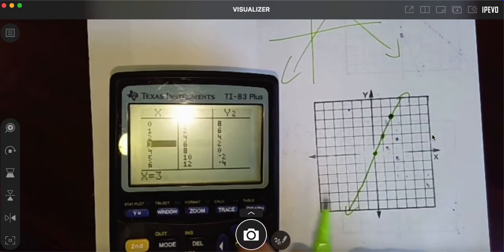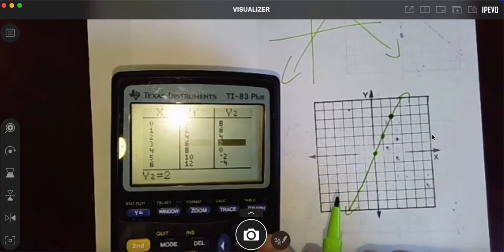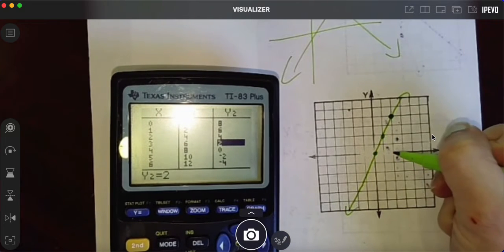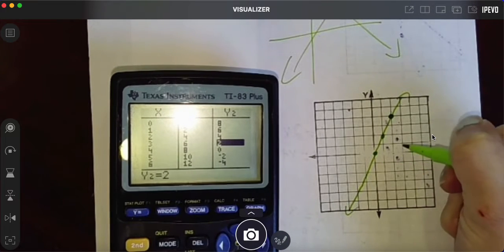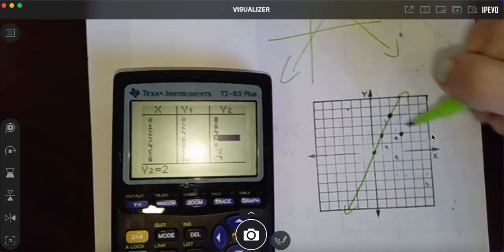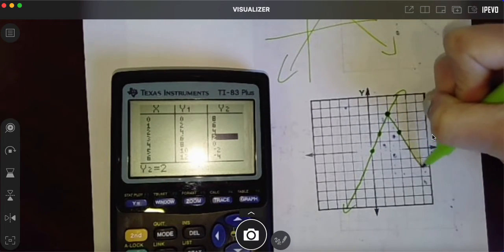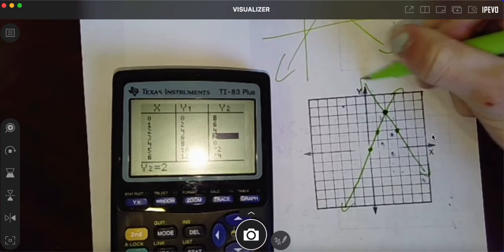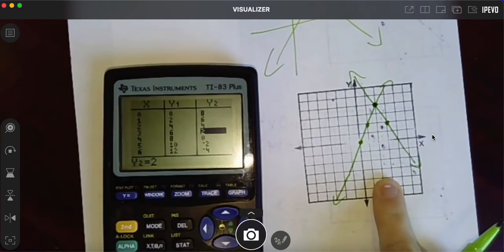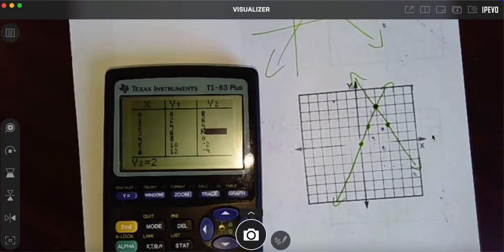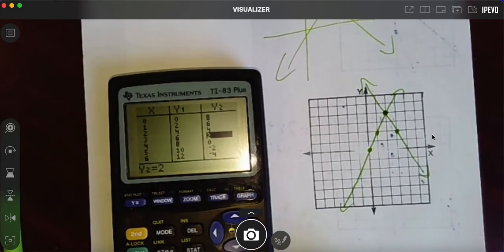I'm going to go over 3 and up 2. And then I would know that's this line. Okay? So that's an exact graph. You don't have to use your calculator to do that.